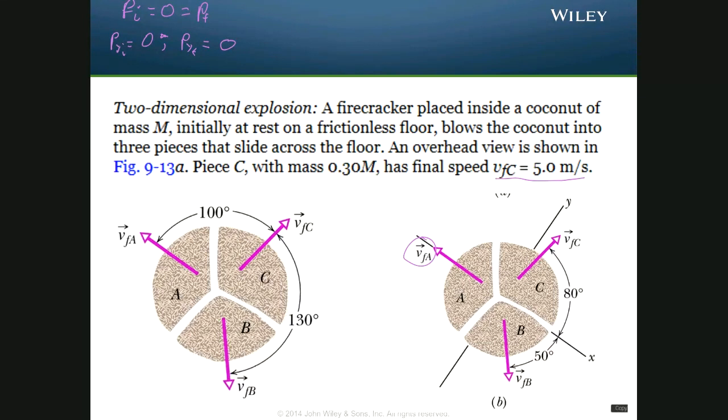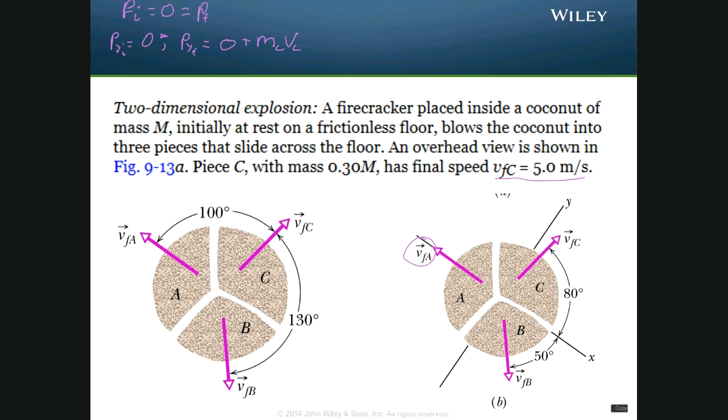So we'll say plus MC, right, times VC final, or VC. The final is indicated because the initial, there are no parts in the initial momentum. The initial momentum is just the whole coconut.